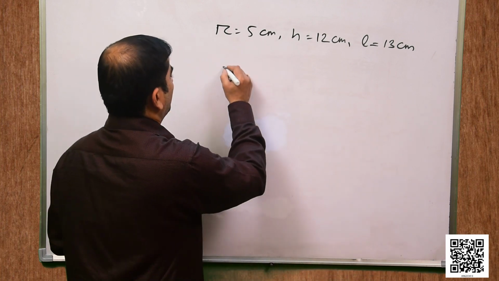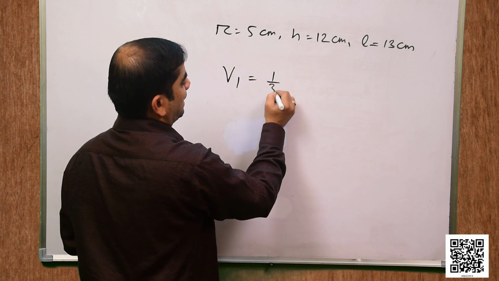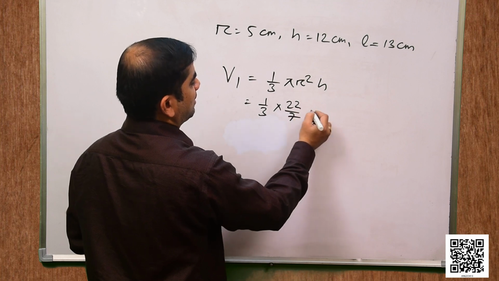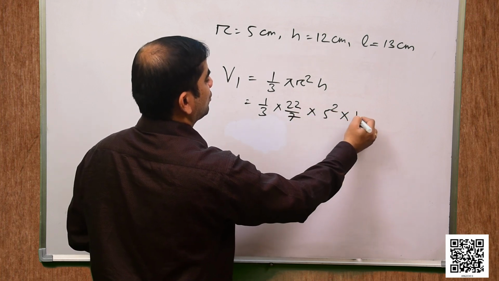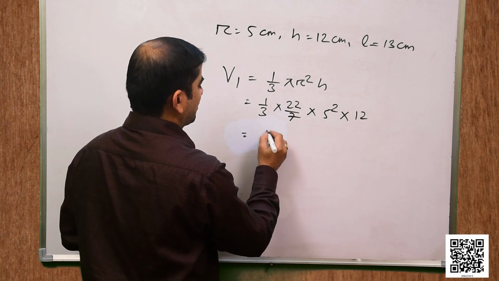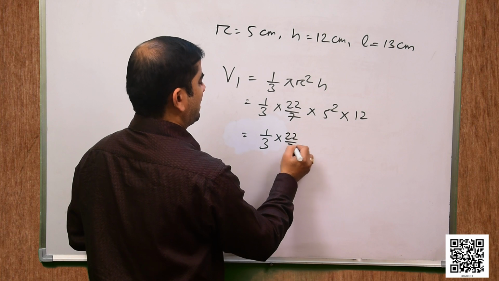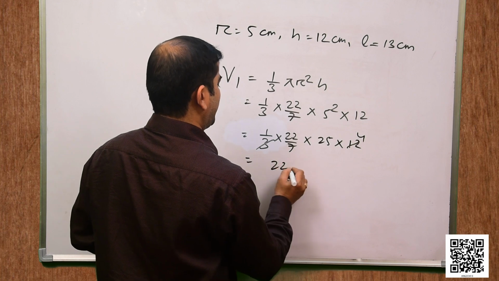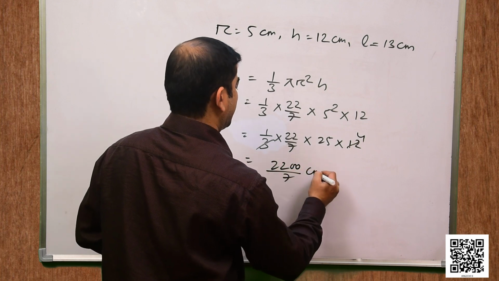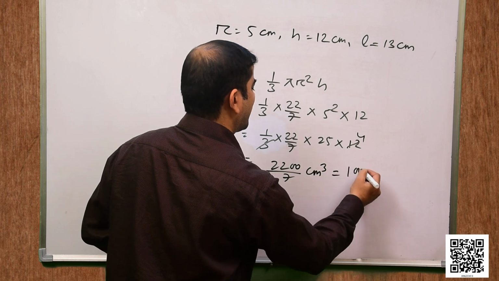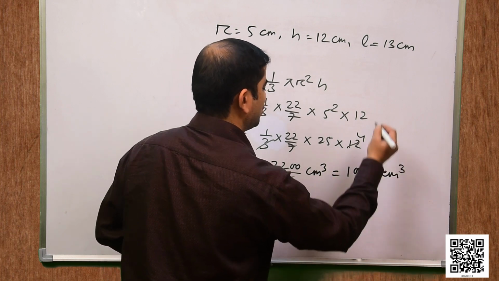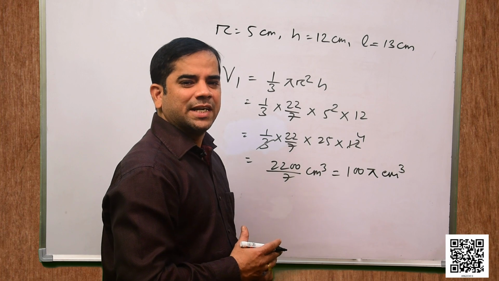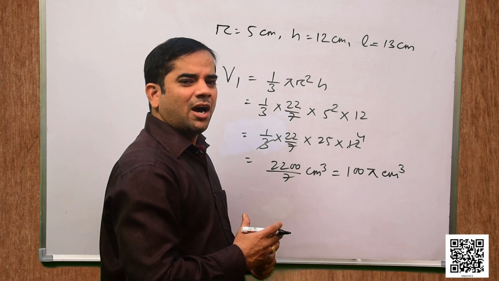So, let us take the volume as V1 equal to 1 by 3 pi r square h, or 1 by 3 into 22 by 7 into 5 square into 12, and this becomes 1 by 3 into 22 by 7 into 25 into 12. So, 2200 by 7 centimeter cube, or we can write it as 100 pi centimeter cube. So, the volume of the first solid is found to be 100 pi centimeter cube.